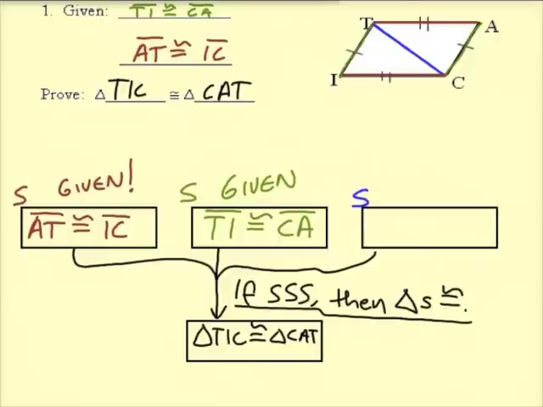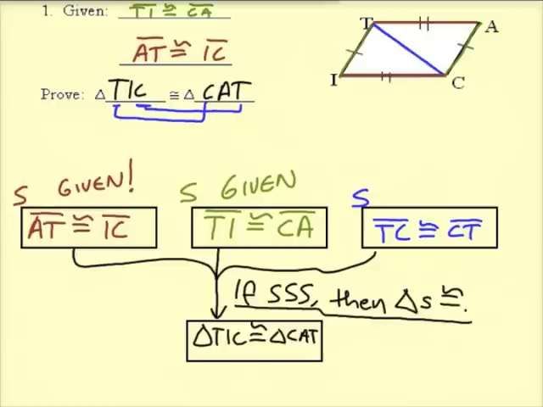So that shared side is kind of strange. In triangle TIC, I see that the segment is, if we follow the order of the letters, then the segment would be called TC. However, the corresponding segment in triangle CAT would actually be CT.